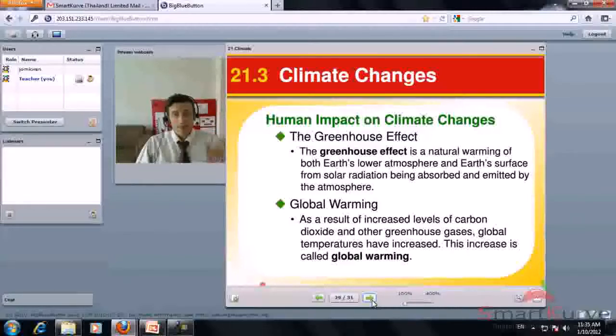Now, that visible light comes down to Earth from the sun, and the Earth will actually reflect that light. When you think of reflection, you can think of a ball dropping. Let's say I take a football and I drop it on the ground.